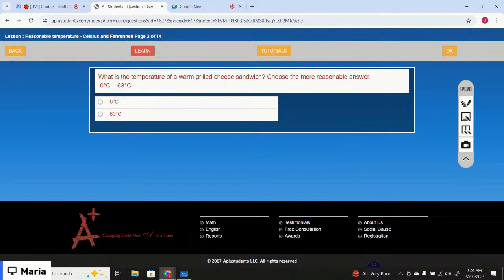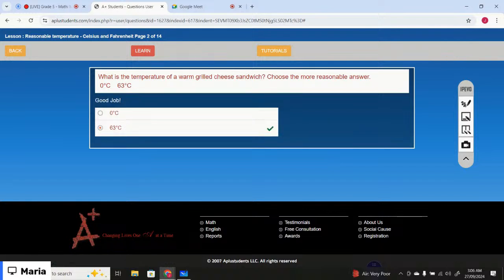The temperature of the warm grilled cheese is 63 degrees Celsius. Option number 2 is the correct option.